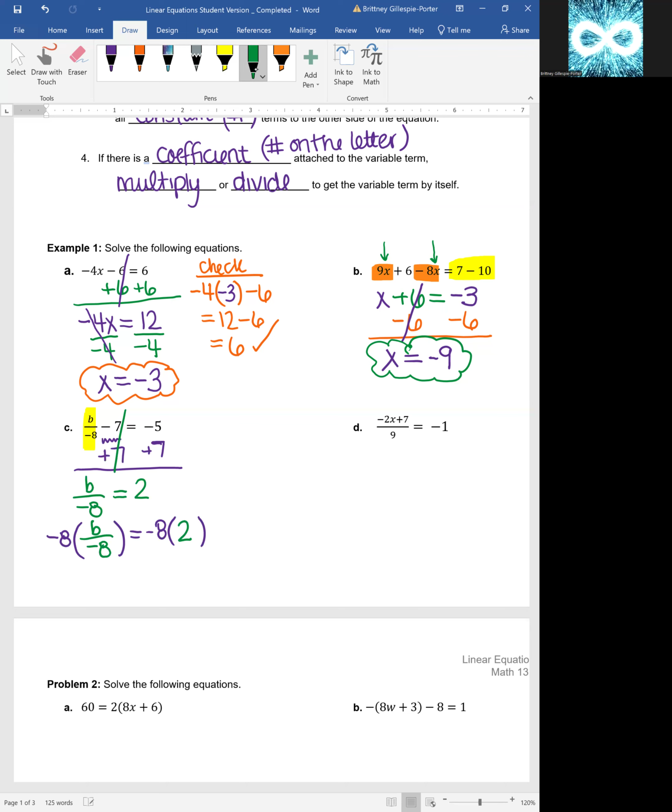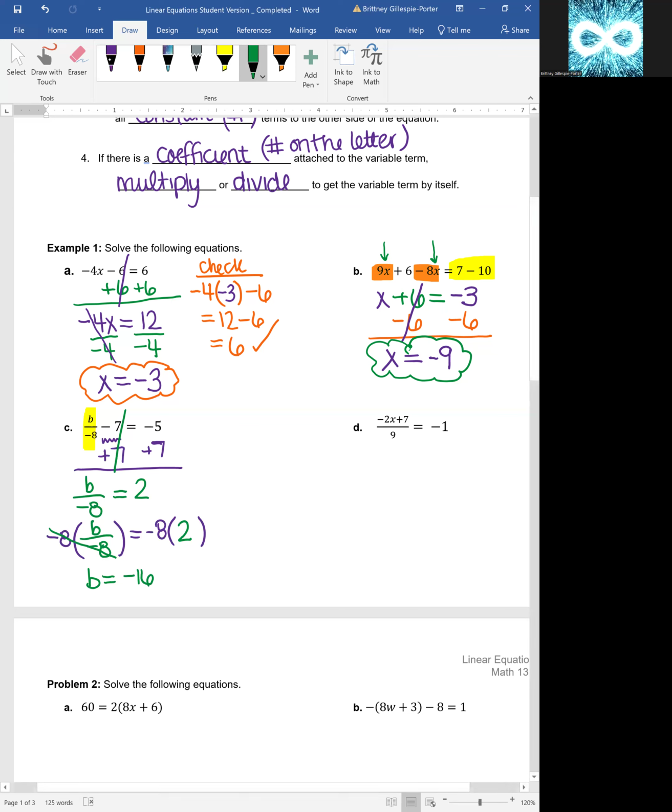On the left-hand side, -8 over -8 cancels out because it becomes 1. And you can write 1b if you want. That's not wrong, but mathematicians are lazy and we tend to just write b. On the right-hand side, that -8's not going to cancel with anything, but -8 times 2 gets us to -16.